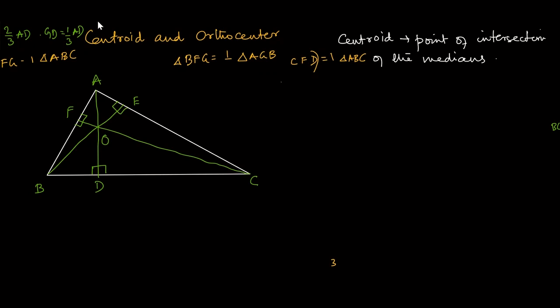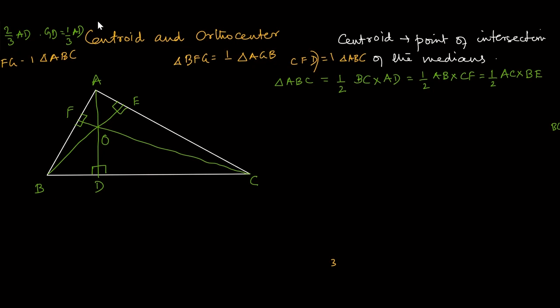First of all, we know that the area of the triangle ABC can be expressed as half of BC into AD, which is equal to half of AB into CF, which is equal to half of AC into BE.